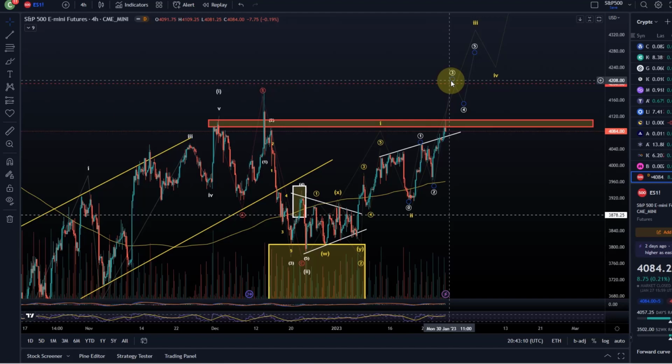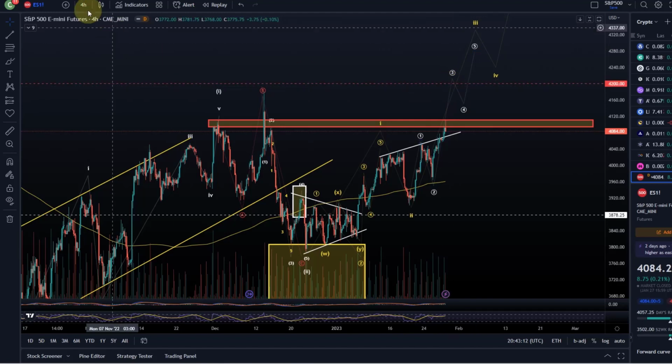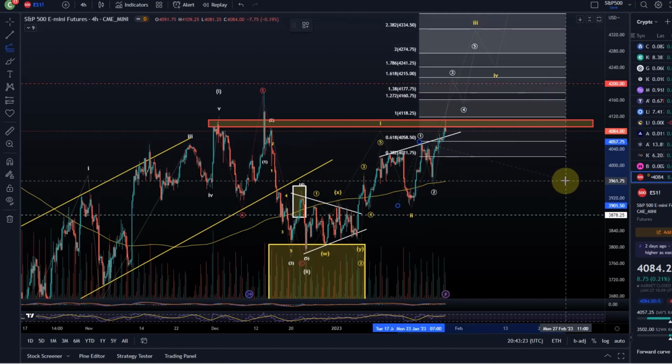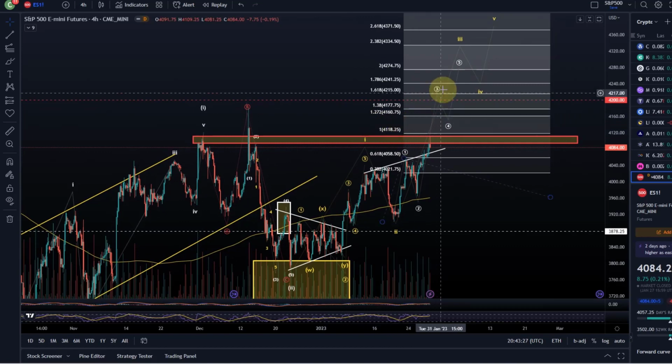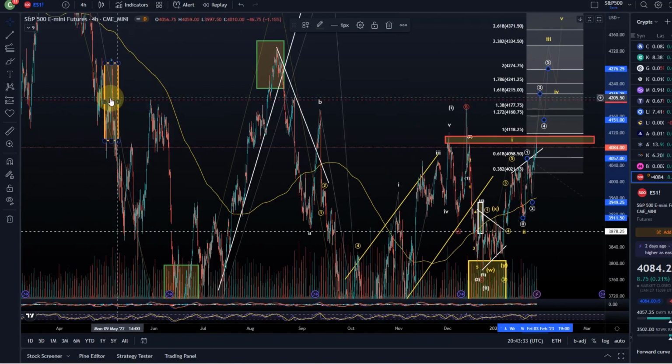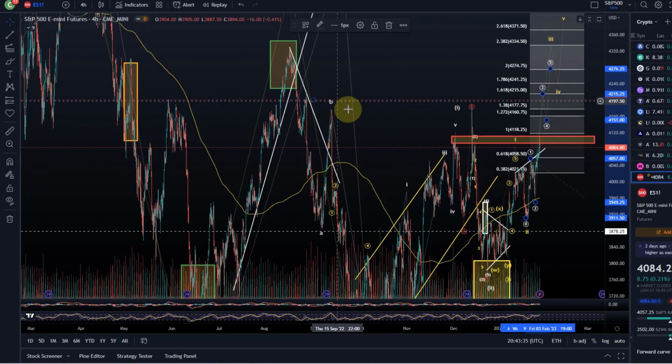The target for the third wave here, the circle wave 3, would be the 1.618 extension. So we're taking the length of the wave 1, we go to the low of the wave 2, and to be really a wave 3, we needed to reach the 1.618 extension as a minimum. That's just above the $4,200 level. Again, it's not one price, it's a bit of a range.